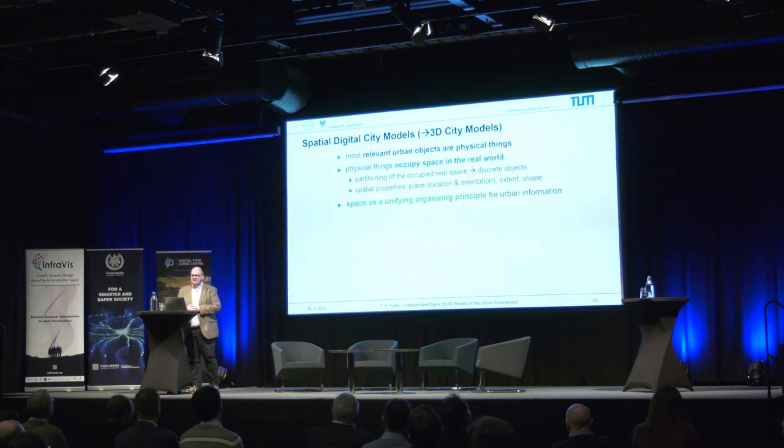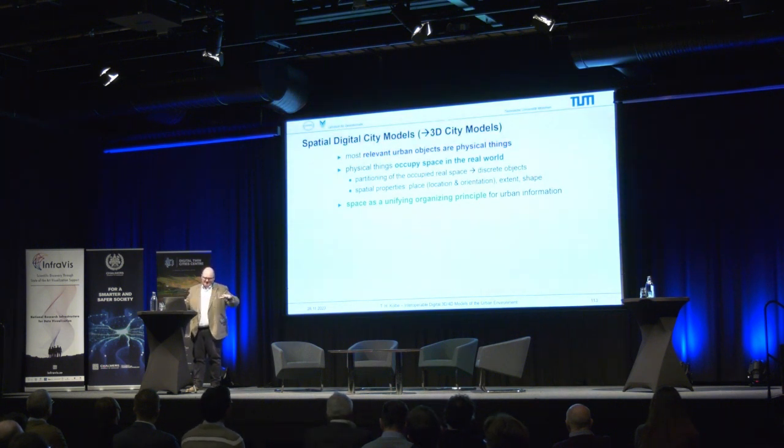So what we can do is simply take the entire 3D space of the city and take a sharp knife and basically cut it into small pieces. And now we can say that piece is representing that building, and the other piece of the space is occupying a tree, and the other part is that. So we have something like a continuous space, but we can then come up in the end with discrete objects.